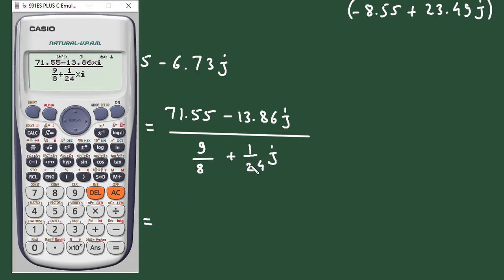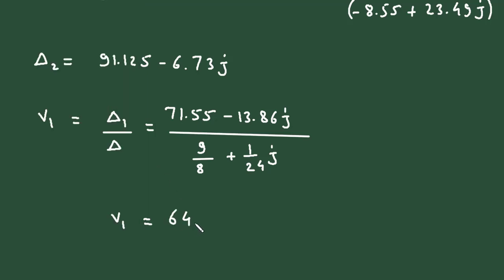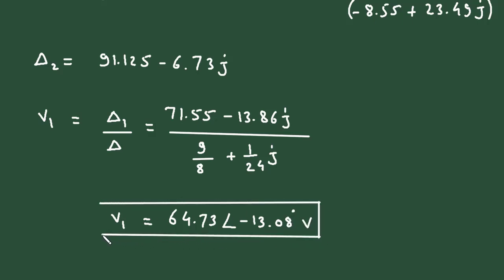So it is this much in rectangular form. In polar form this will be shift 2, 3. So 64.73 at an angle minus 13.08 degree volt. So this is the answer for V1.